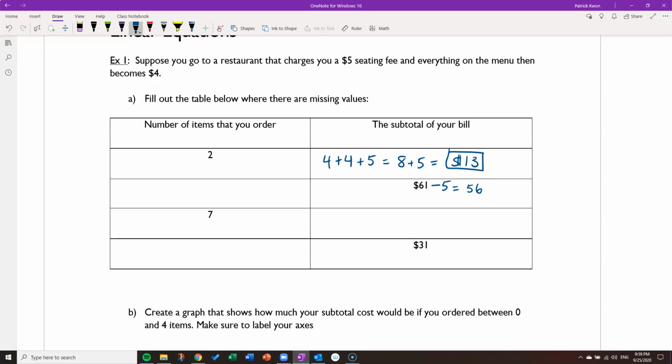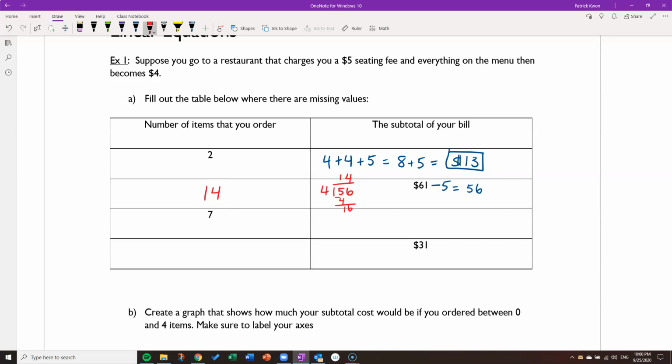So as kind of like a reverse to that statement, it should be the case that if we divide 4 into 56, it should be the case that if we ordered 14 items, then our total will come out to $61 because 14 times $4 gives us 56, and then if we add $5 to that, that gives us 61.